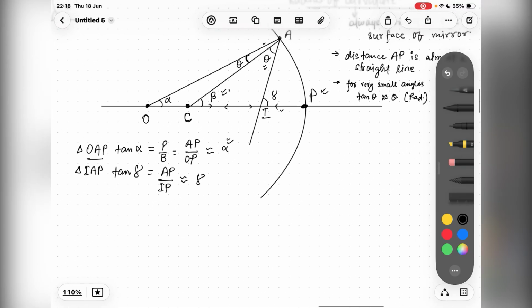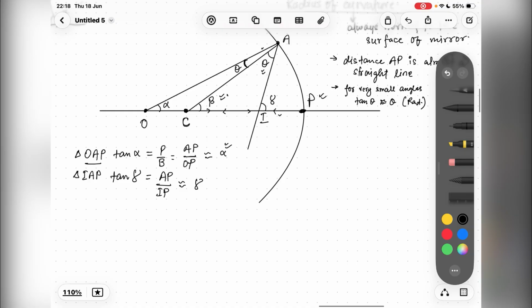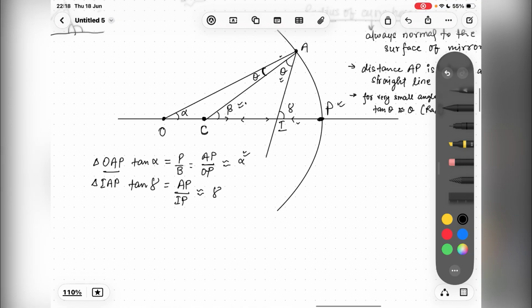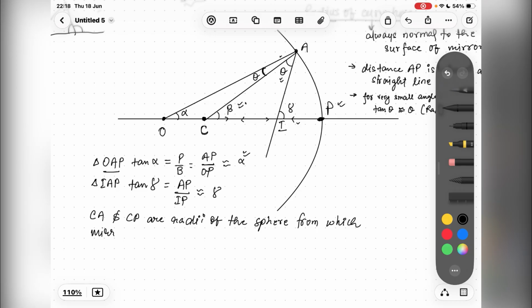Now why did I not approximate beta? Because you see CA and CP are radii of the sphere from which the mirror is made.